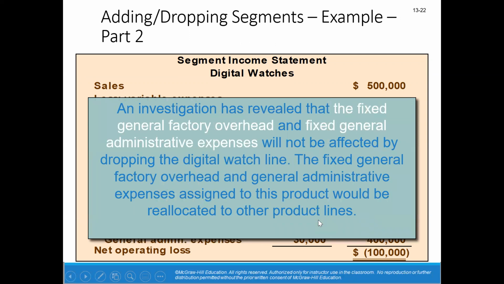An investigation revealed the fixed general factory overhead and the fixed general administrative expenses will not be affected by dropping the product line. So the fixed general factory overhead and the general admin expenses are assigned to this product but they can be reallocated to the other product lines. So are they relevant costs?